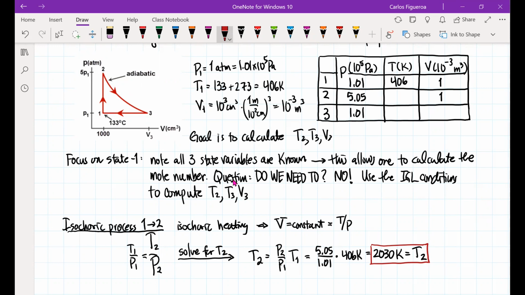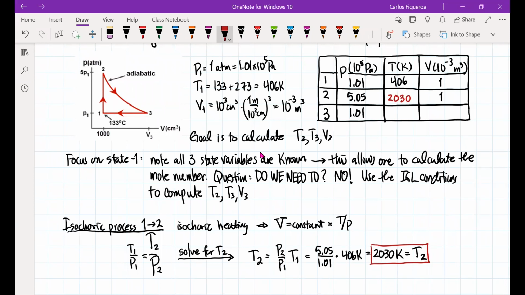This was much faster and cleaner. So if I now put in my values here, I have this value for the temperature.